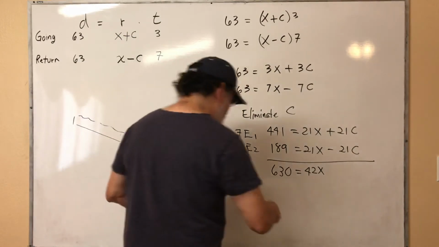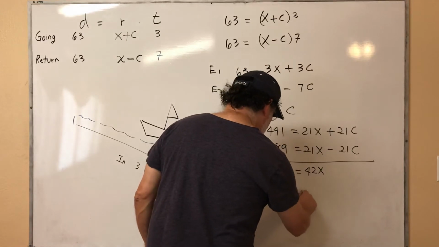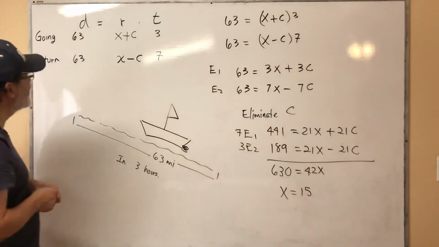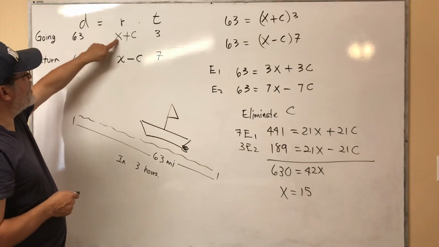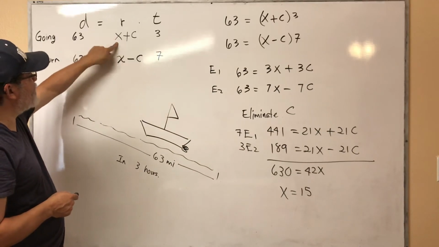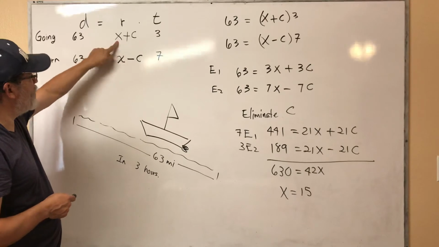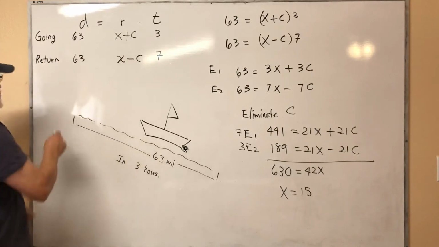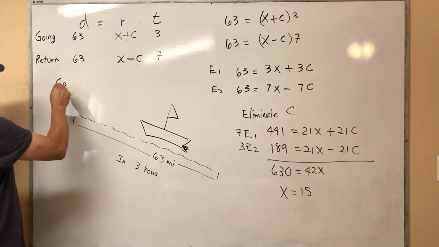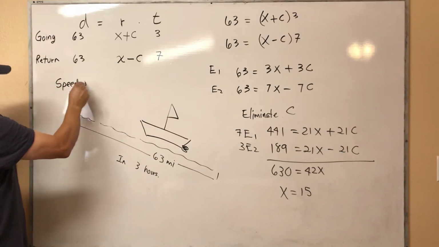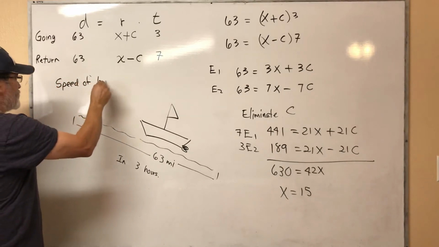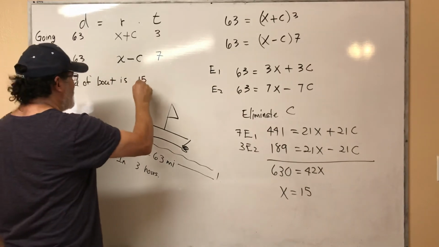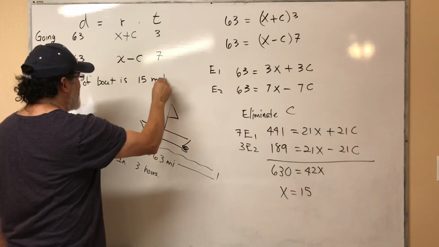So x equals 15. And what is x? X, we said, is the speed of the boat. So the speed of the boat is 15 miles per hour.